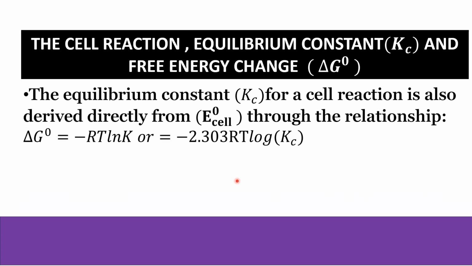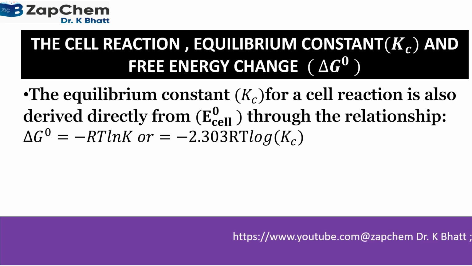The equilibrium constant Kc for the cell reaction is derived directly from E naught cell, the standard electrode potential of the cell, through the relationship: free energy change under standard condition, delta G naught, is equal to, as per the common logarithm system, minus 2.303 RT log Kc. Kc is the equilibrium constant. Now let us see how this is derived and how we get it.